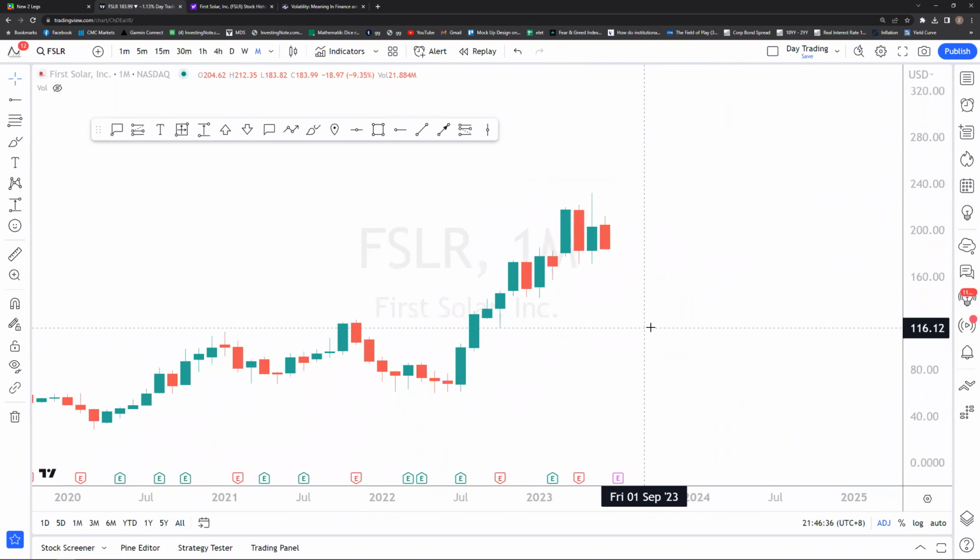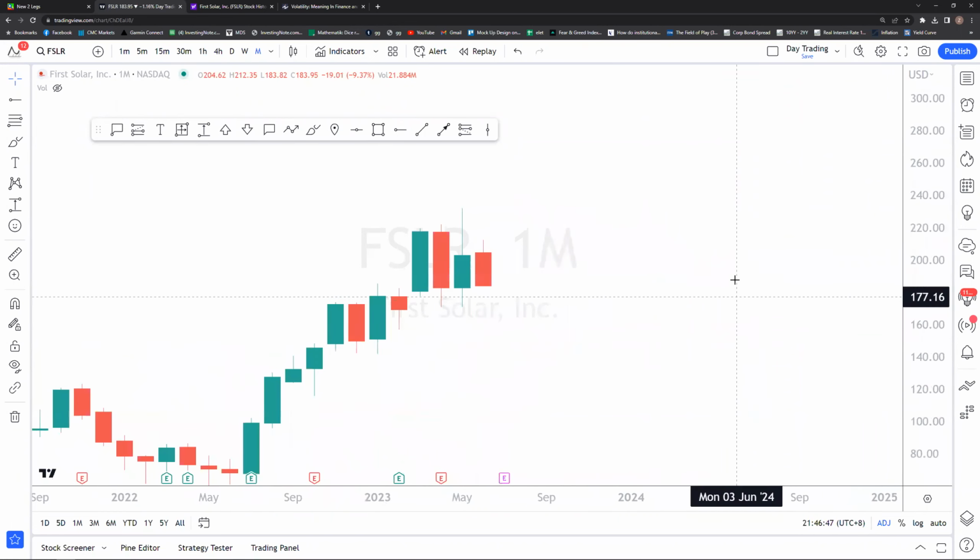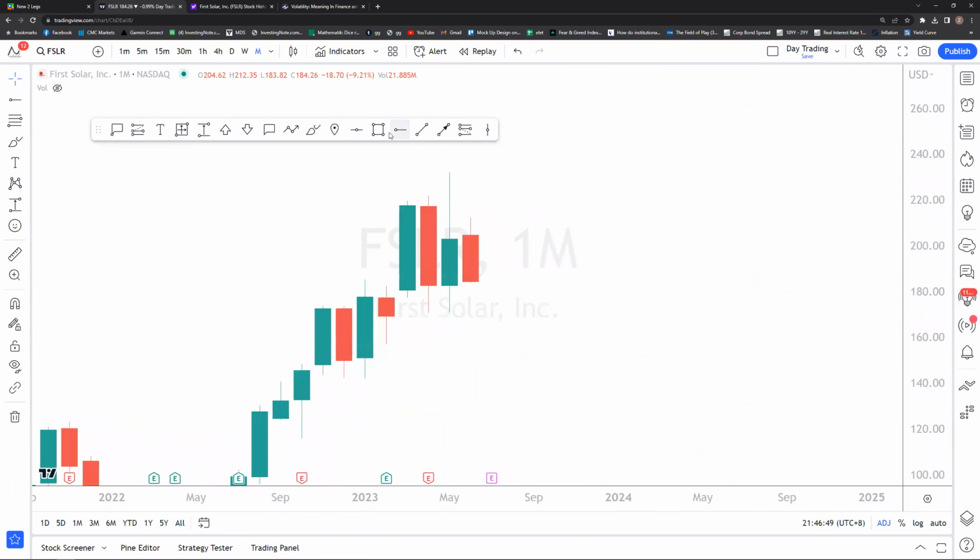So for First Solar, we actually have a long idea. This is something that we want to go long position on. But let me just mark out all the important price levels. Okay, so this is the previous close.